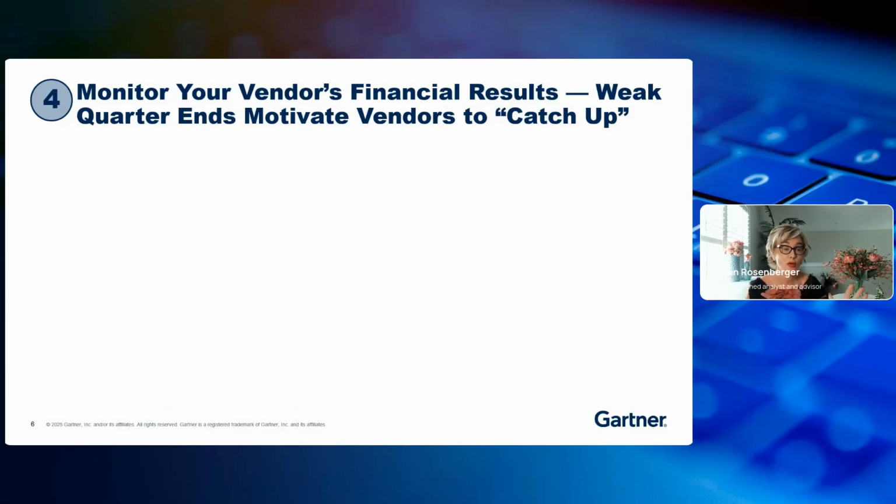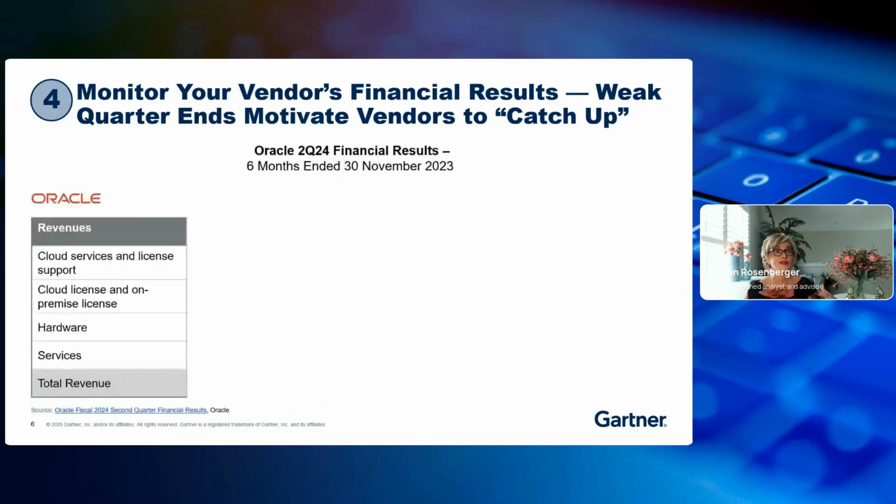In fact, I think Oracle lays out their financial results in a very easy to read and understand fashion. Now, most vendors will do just what Oracle is doing here. They will show their revenue results by segment. There are 4 segments here. Think of segments as profit centers.